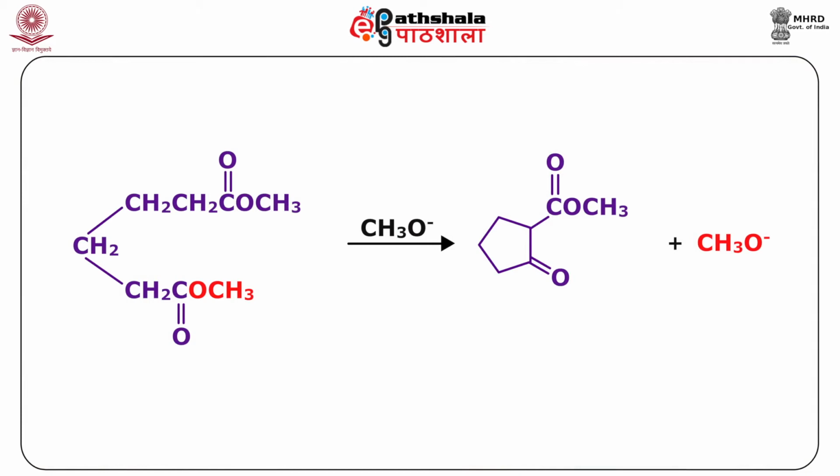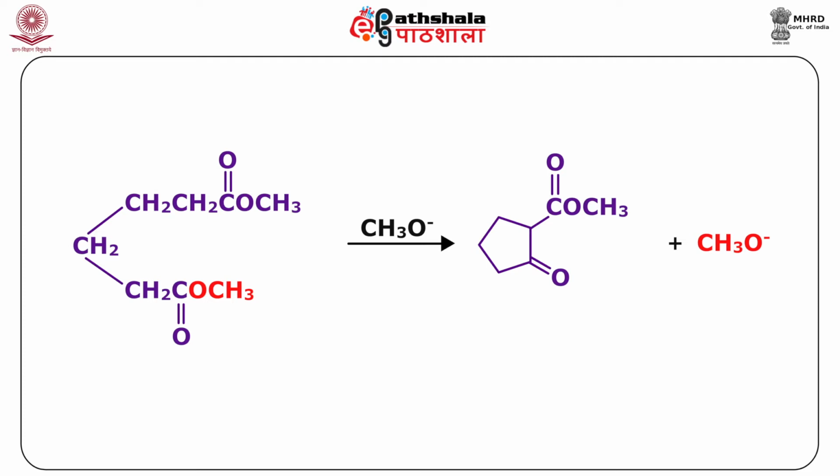You can look at the mechanism here. When this particular diester is reacted with CH3O minus, any of these alpha hydrogens can be taken out, and this alpha carbanion, when formed, rather than attacking another molecule, will prefer the intramolecular attack, because this carbonyl of this ester is electron deficient, and this leads to the cyclization as you can see here.